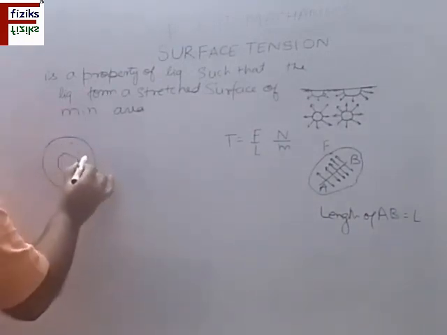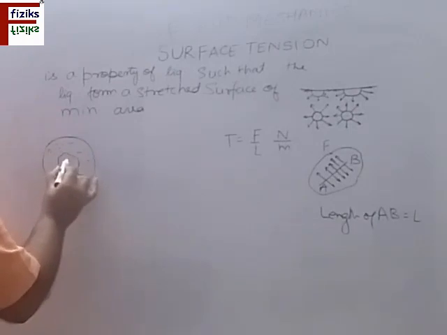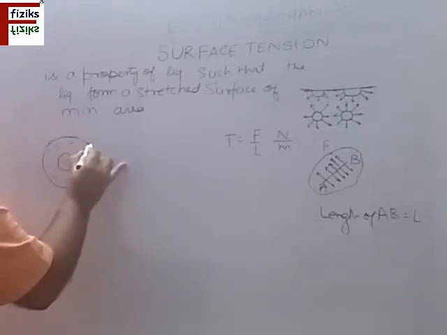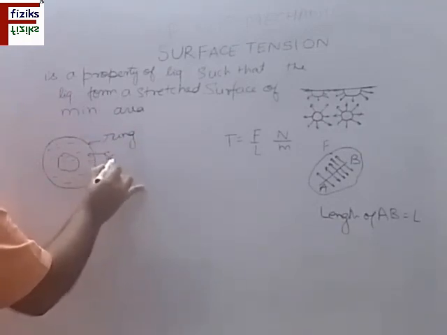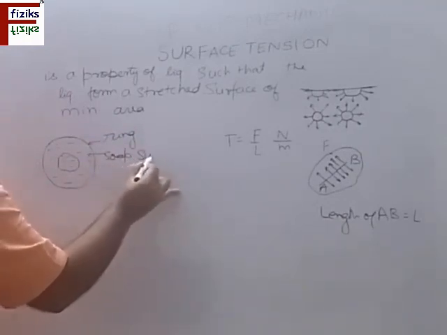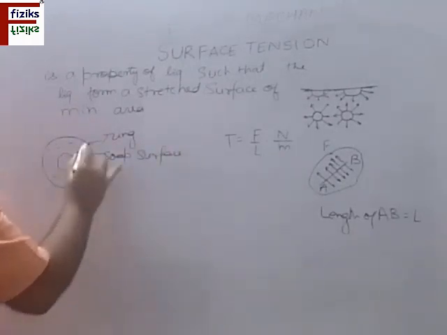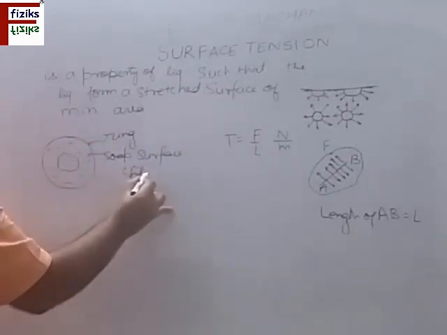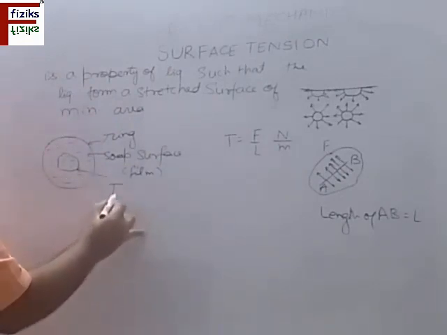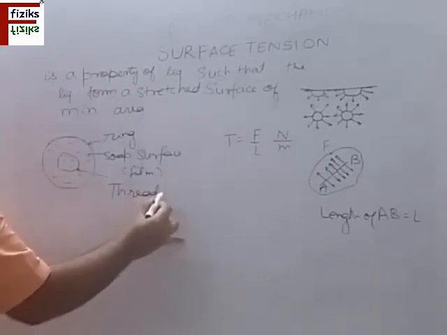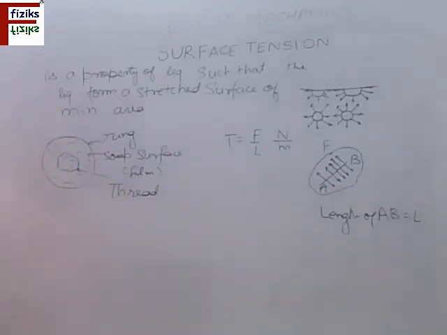This is the ring, and this is the soap surface or film, which is formed if the ring is dipped inside the soap solution. And this is a thread. We have kept this thread here so that the film is formed inside this thread and outside this thread, or between thread and the ring.